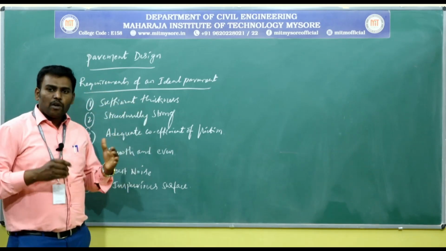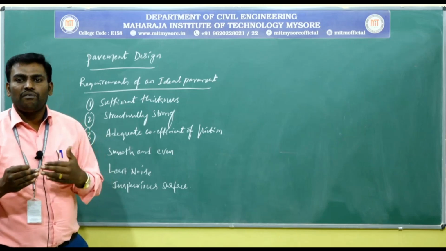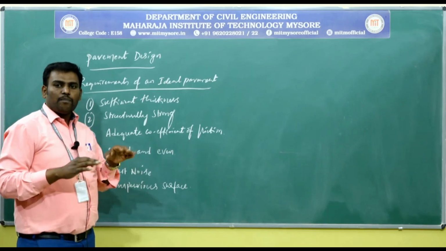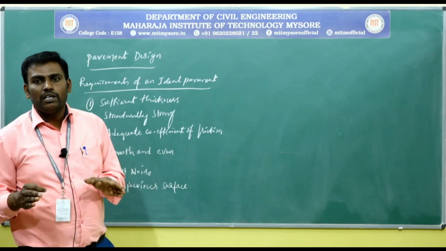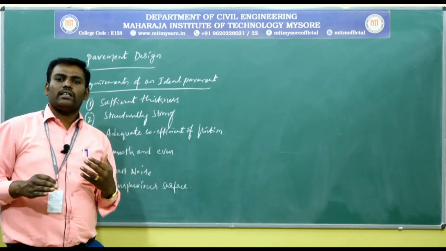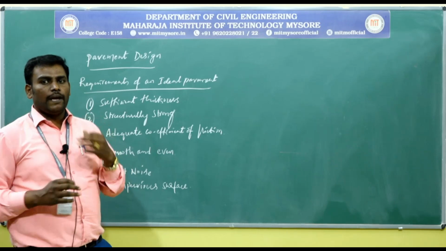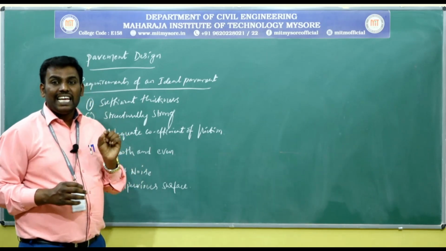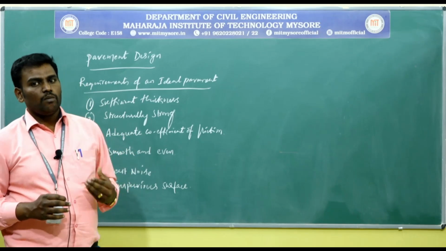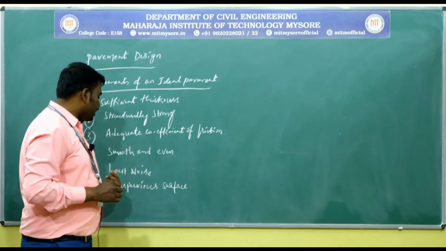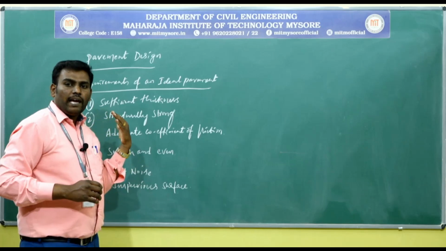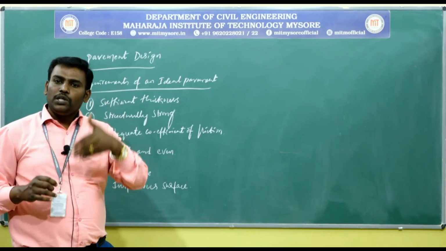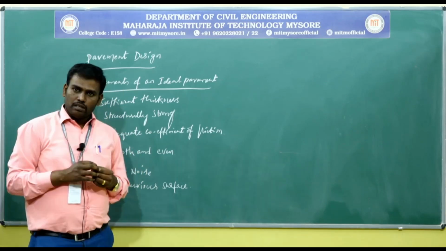Then third one is the pavement should have adequate coefficient of friction to avoid the skidding of vehicles. Next, fourth one is the pavement surface should be smooth and even to provide comfort for the vehicles which are moving at high speed. Next is the pavement surface should produce least noise from the moving vehicles. Next is the pavement surface should be impervious, to prevent the entry of water into the pavement layers.